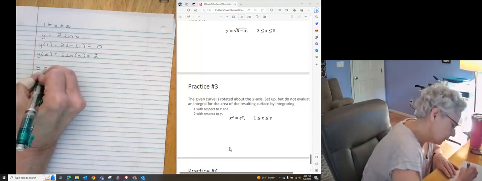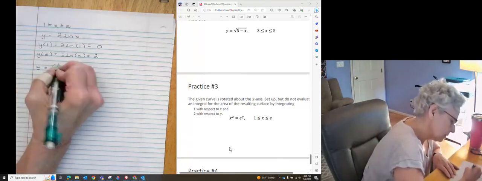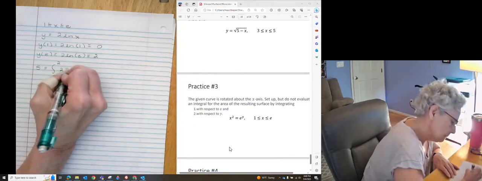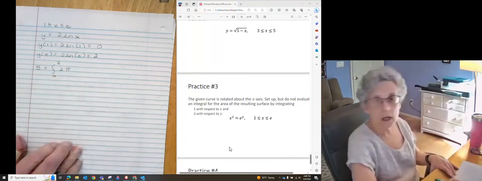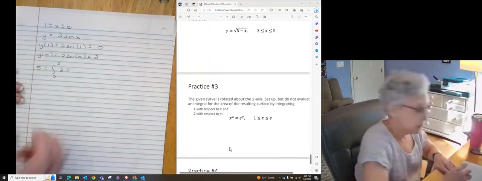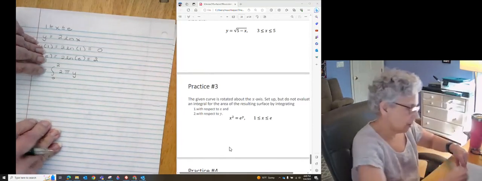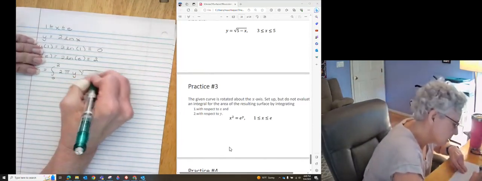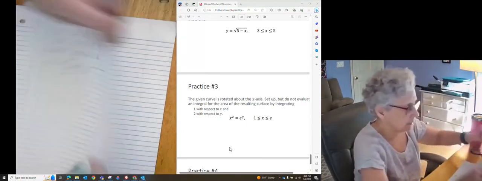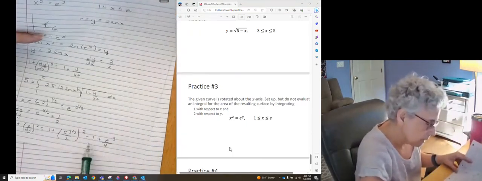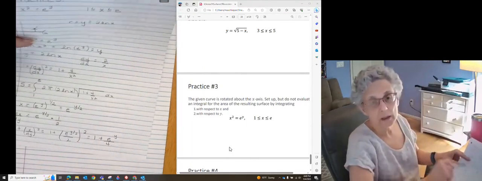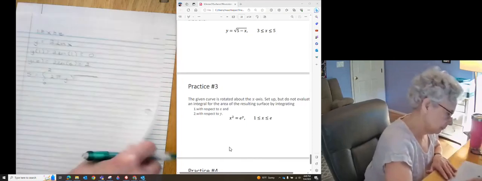So my surface area is the integral from 0 to 2 of 2 pi times my radius, and my radius is just y. And then my arc length part, square root of 1 plus e to the y over 4.